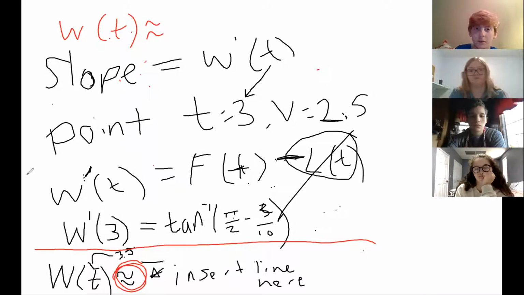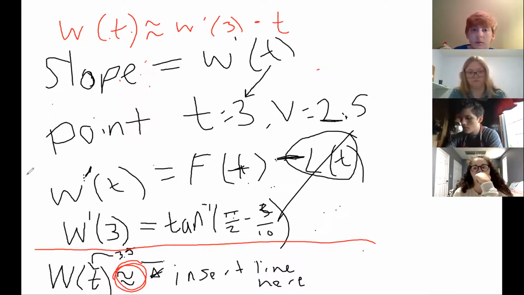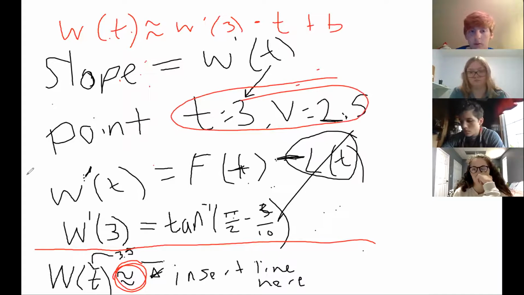Okay. So then I would have the derivative of W at the value I'm approximating around, times T, because I'm writing a line, so I need a slope, I need my X, and then plus my Y-intercept. And so to find all of that, I use the given information that they provided me with.